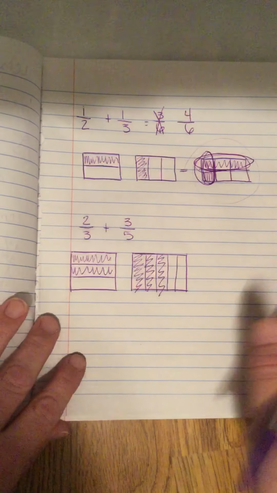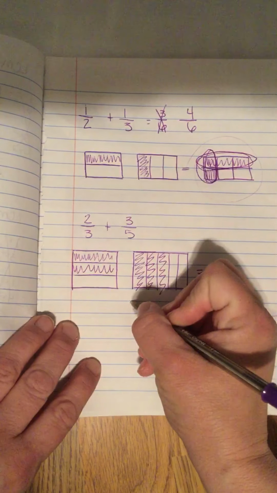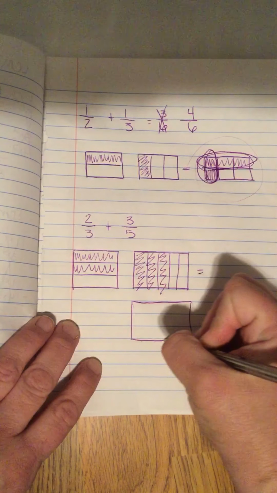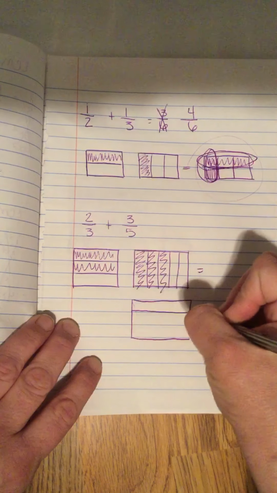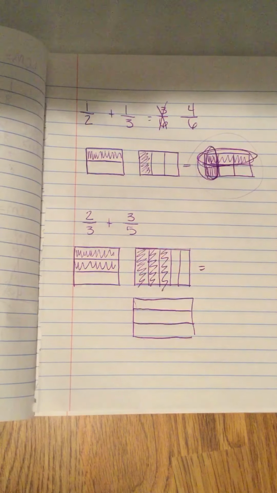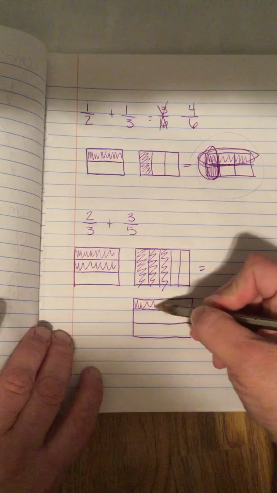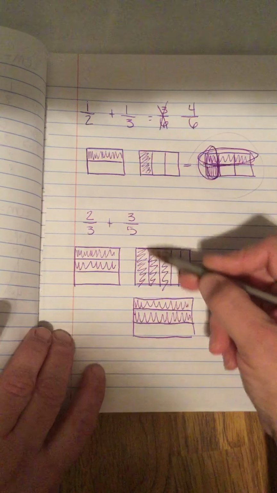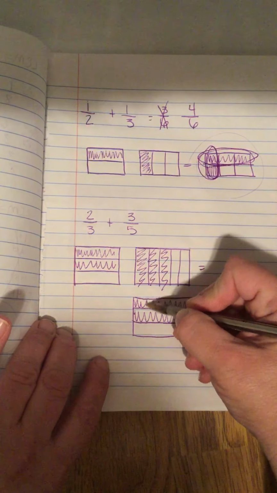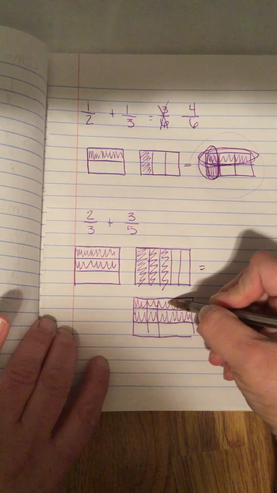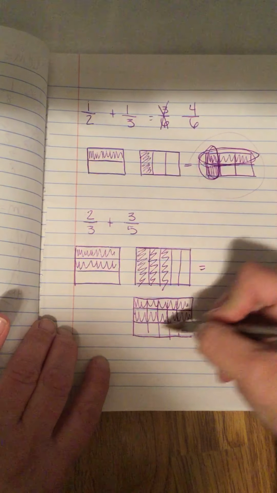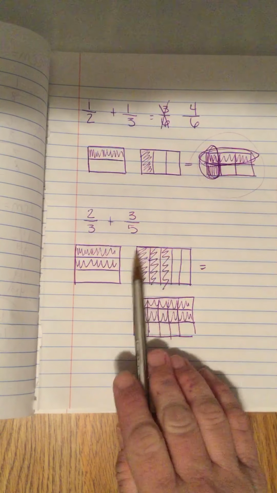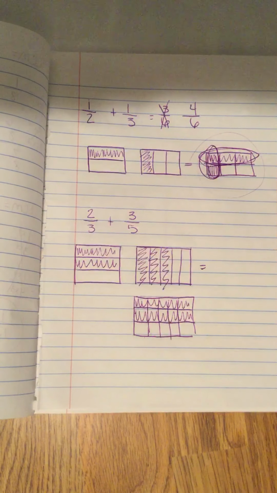All right, so now we have to be careful what we do. So I'm going to make my next model. Okay, and I'm going to make my third horizontally. And I'm going to shade in 2. Now I'm going to make my vertical. Okay, 1, 2, 3, 4, 5 columns. But now I have to make sure that I shade in 3 out of 5.